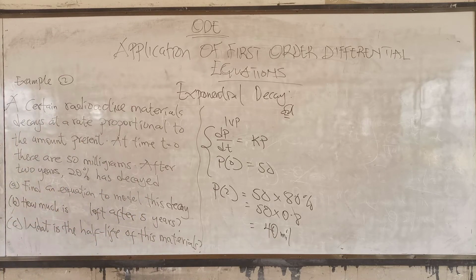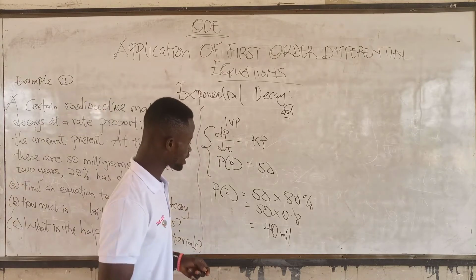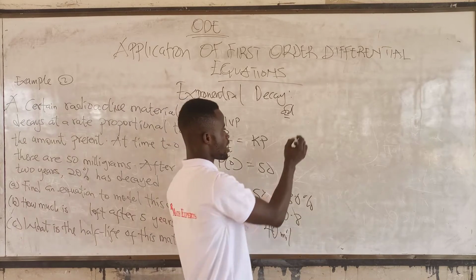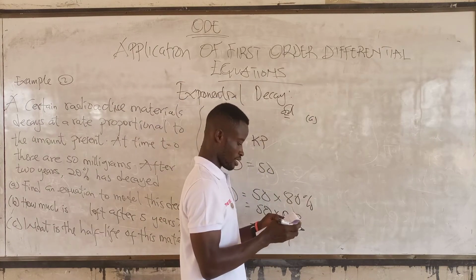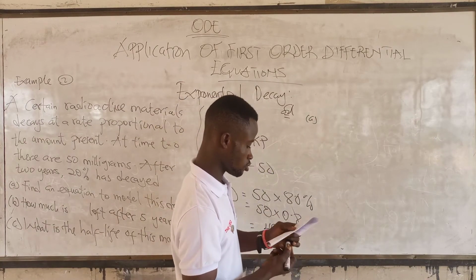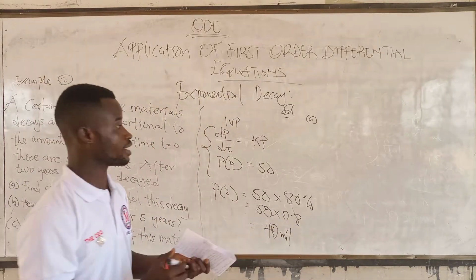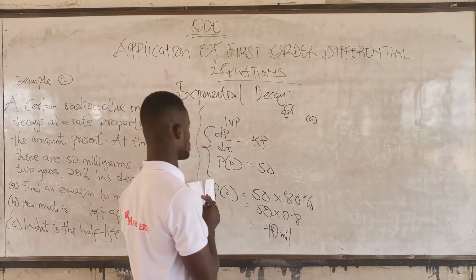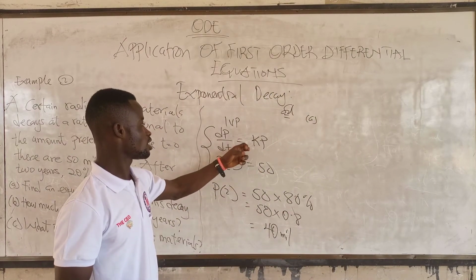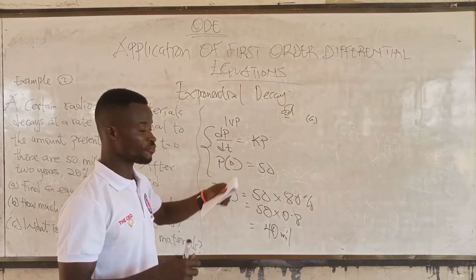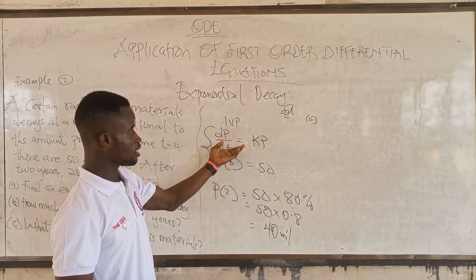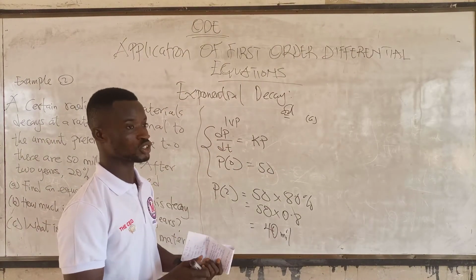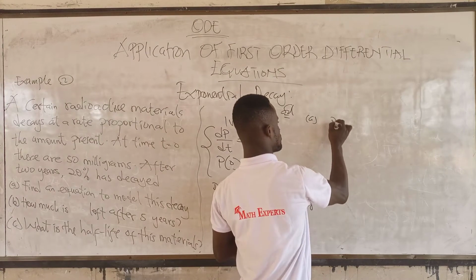So now let's go and find an equation to model this decay. So let's go for the A. And we know that when you solve the differential equation, and that is even the first thing that we did, you're going to get P of t.